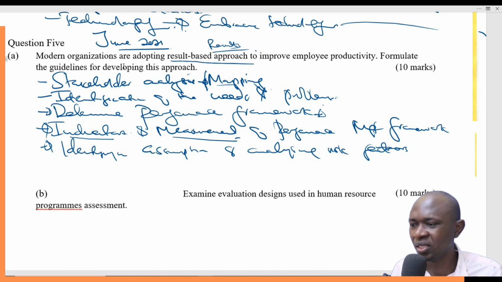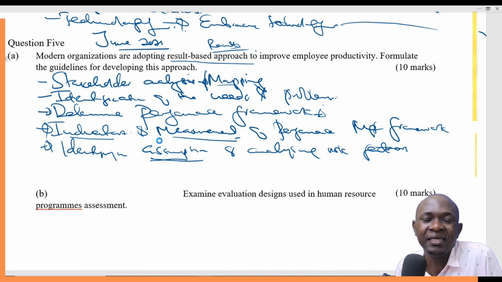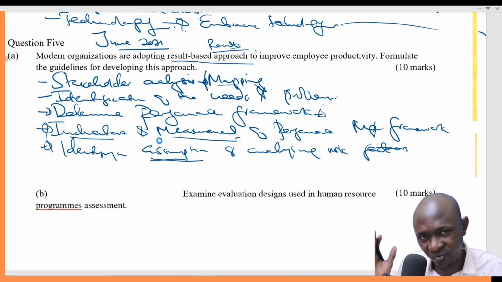So we need to know the assumptions underlying this, and the assumptions are things that we hold constant, and at least do everything possible to make sure that they are actually there. Otherwise, if we lose the assumptions, it simply means that we may not achieve the plan.